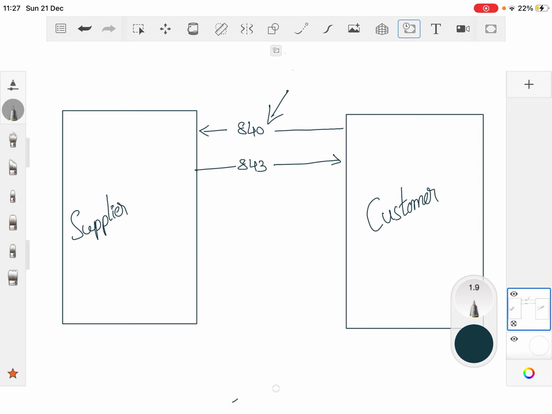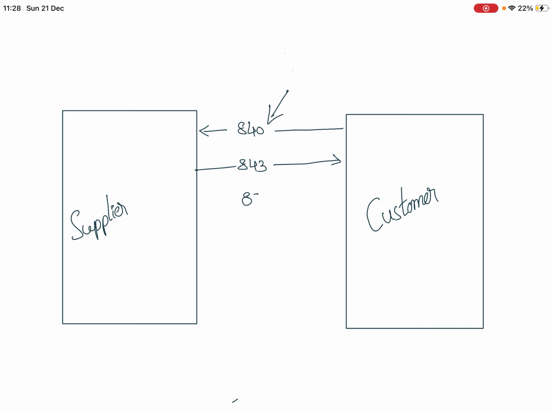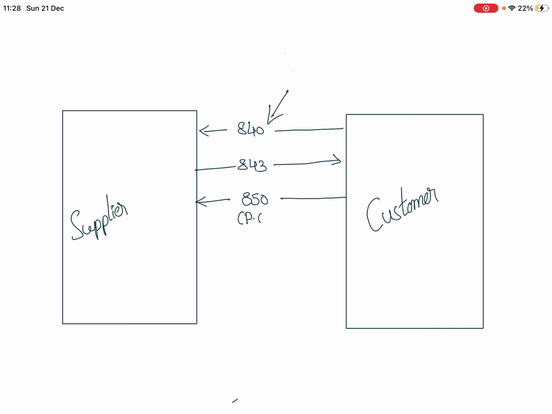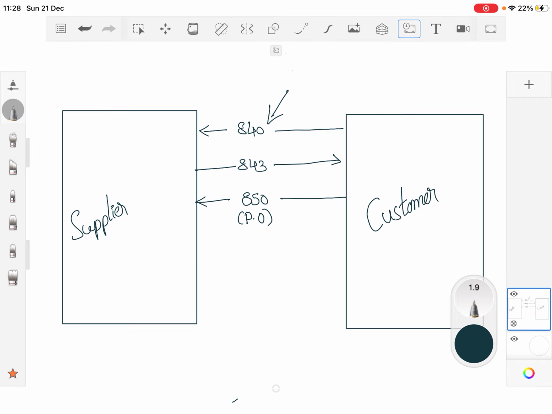Once the customer is happy with that 843 and wants to proceed with the purchase, the customer will send an 850. So now the supplier has received an 850 from the customer, which is a purchase order. In order to fulfill this order, the supplier will check their stock and everything.